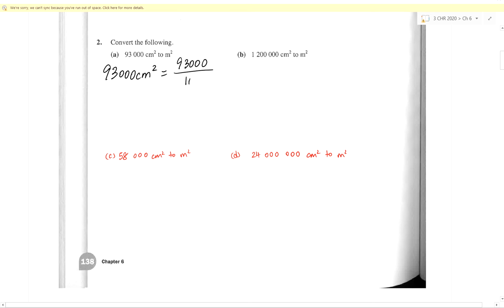And we divide by 100 square. You can evaluate 100 square. 100 square is just 10,000. Or you can just key the entire thing into a calculator. Oh, I forgot to write square meters. Okay, units are important. So putting our fraction, 93,000 in the denominator, we have 100 square. And we get 9.3.